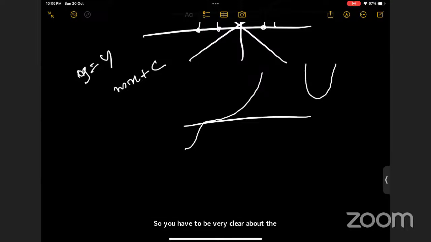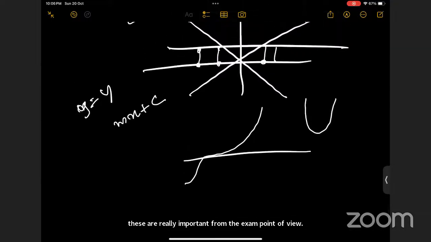That is why I covered so much about the concepts. From the graph, you have to calculate the equation and vice versa, and also the highest degree and the end behavior. So these are really important from the exam point of view, and you have to practice them again and again, okay?